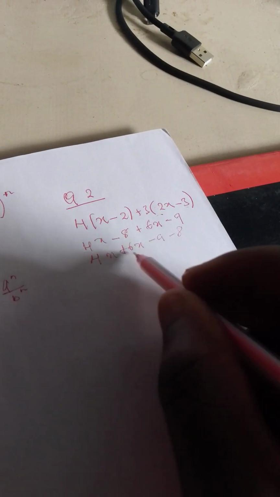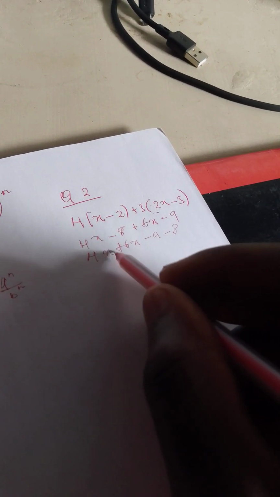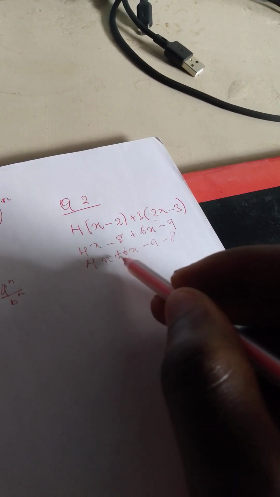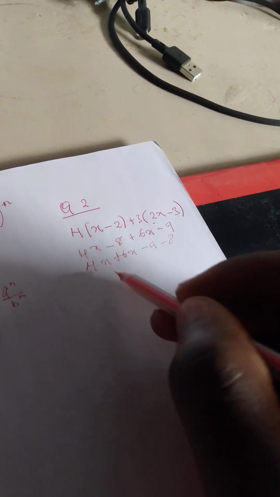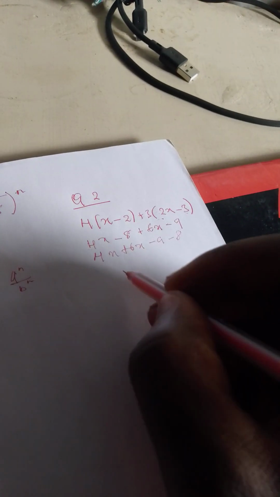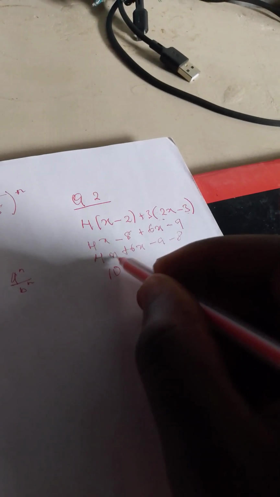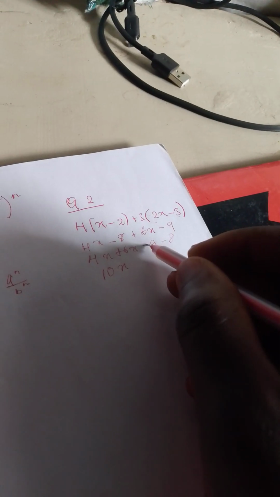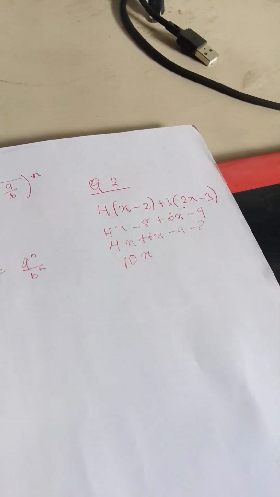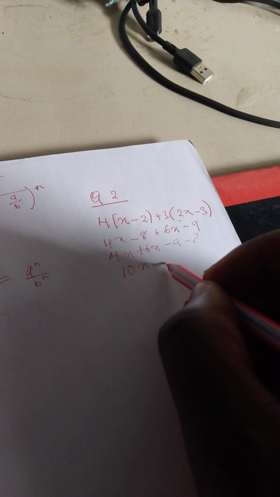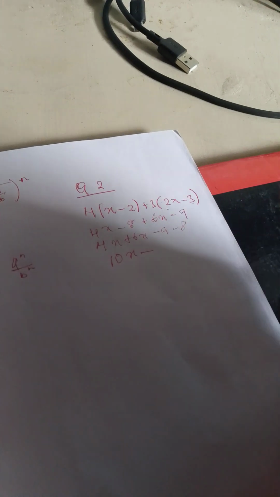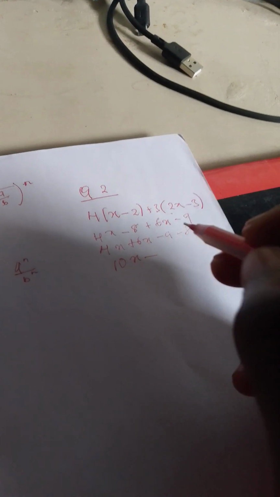The variable for 4 and the variable for 6 is the same, and the degree is 1 and 1, so these are like terms and they can be added. 6 plus 4 is 10, then you get the common variable, which is x. Since the signs for 9 and 8 are the same, you add the numbers, 8 plus 9, that is 17.